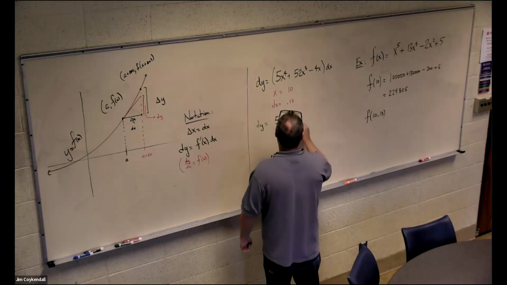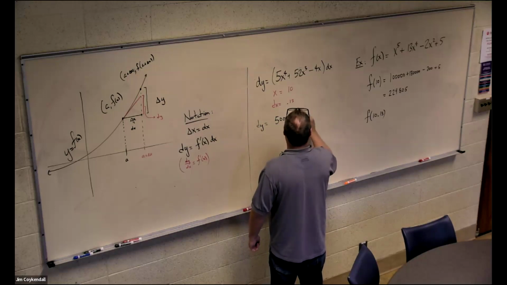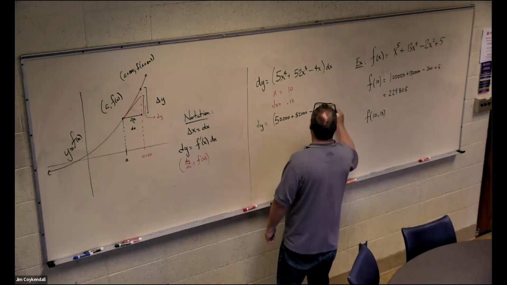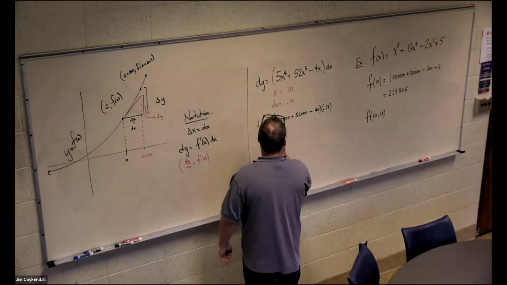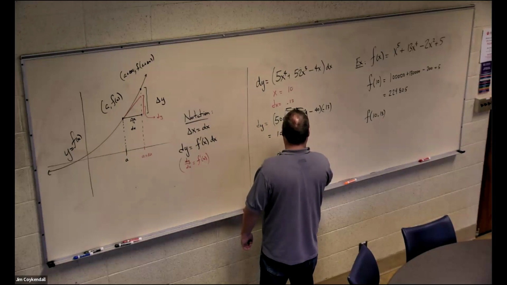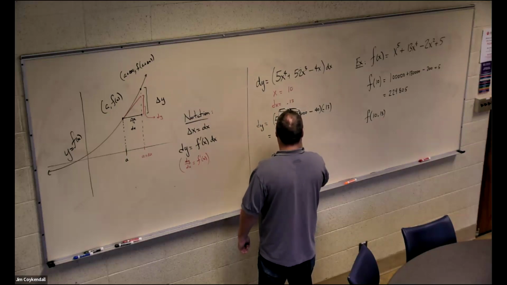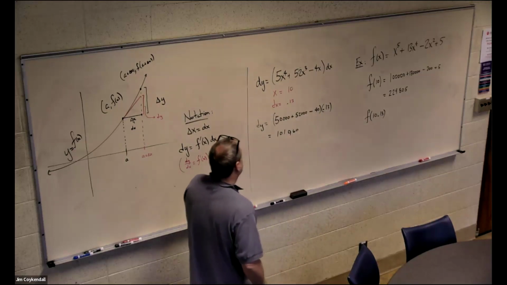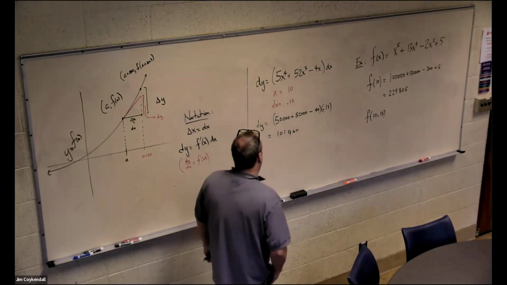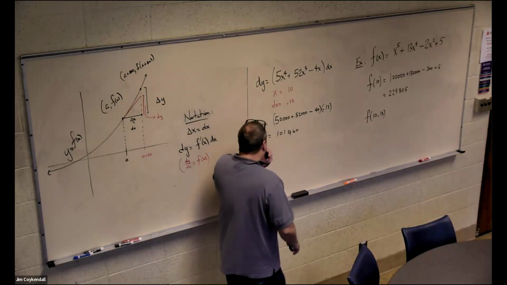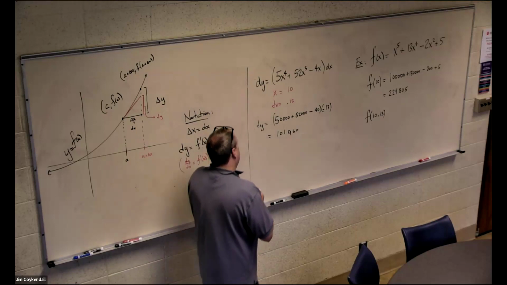that's 50,000 plus 52,000 minus 40 times 0.13. So this is 2, 196, times 0.13.